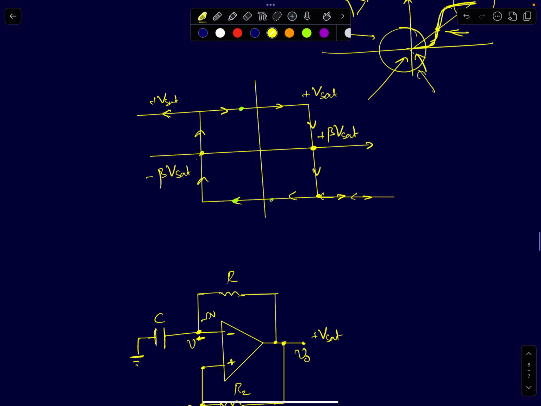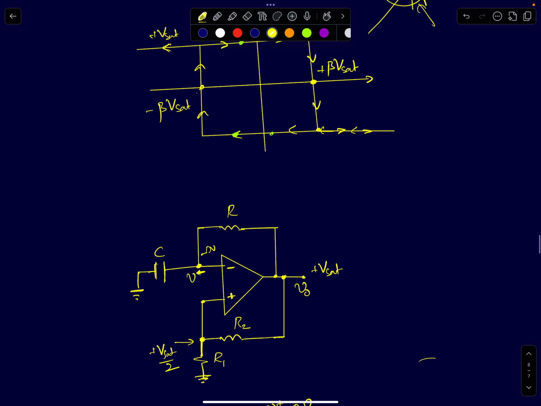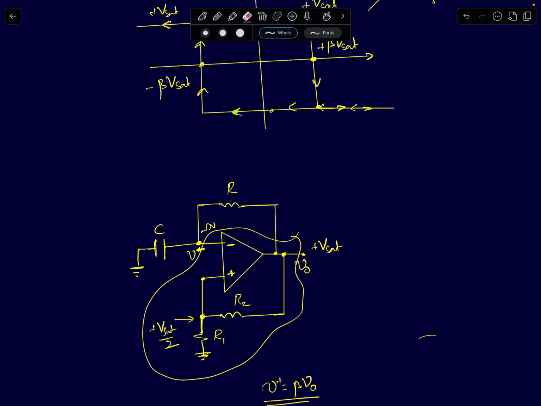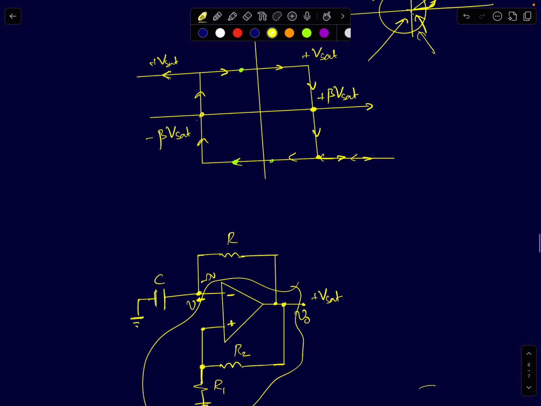So if I want to do the analysis for the circuit, you need to quickly realize that this half of the circuit is nothing but an inverting Schmitt trigger, with a feedback factor beta given by R1 by R1 plus R2. The transfer characteristics of this Schmitt trigger look like this.